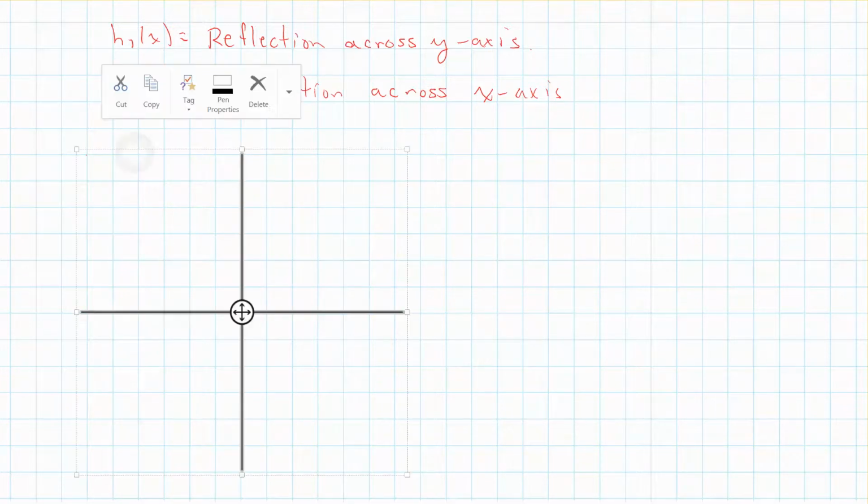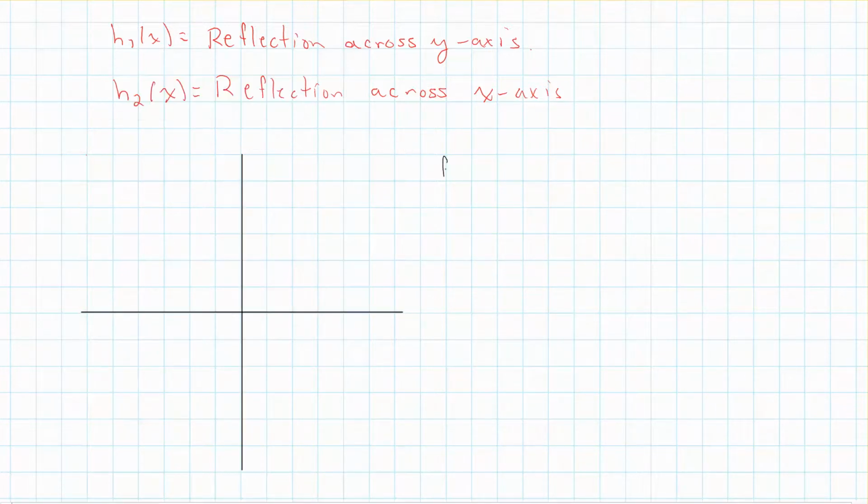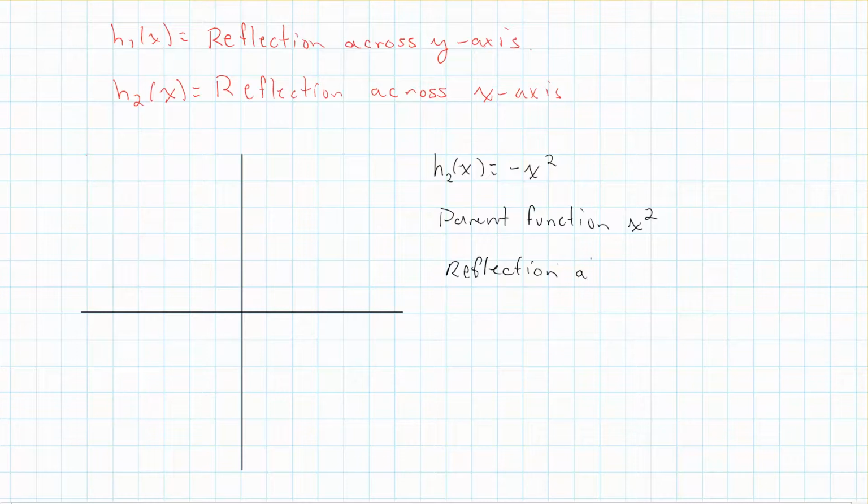But let's do the very simple one of h2 at x equals negative x squared. So again, the parent function is x squared, and then we have a reflection about the y-axis.